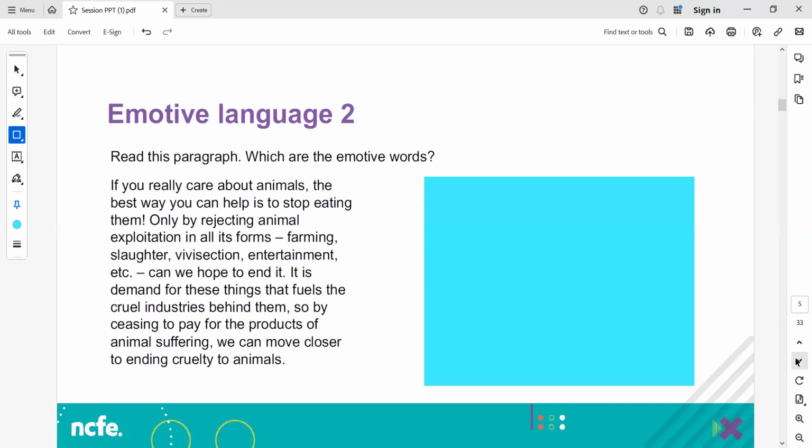It is demand for these things that fuels the cruel industries behind them. So by ceasing to pay for the products of animal suffering, we can move closer to ending cruelty to animals. So what emotive words has the writer used? Or what words have they selected to create that emotional response in the reader?